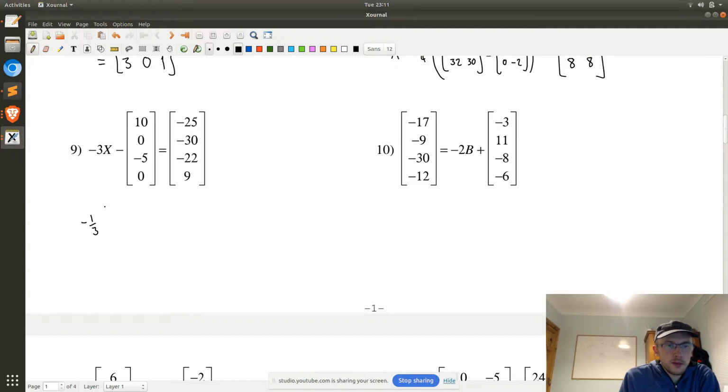Negative a third of what's 10 plus negative 25? Well, that's negative 15. What's 0 plus negative 30? Well, it's negative 30. What's negative 25 plus negative 22 plus negative 5? That's negative 27.